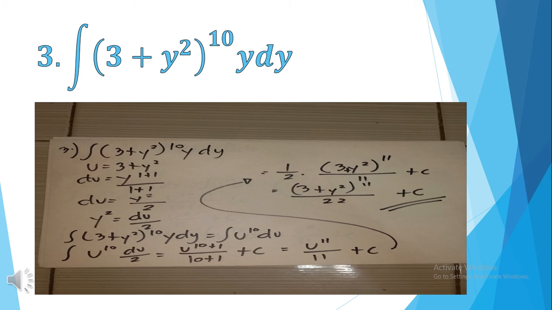So by doing the substitution method, our final answer will be quantity 3 plus y squared to the power of 11, all over 22 plus c. 22 comes from 2 multiplied by 11, the denominator multiplied by the denominator, where c is an arbitrary constant.